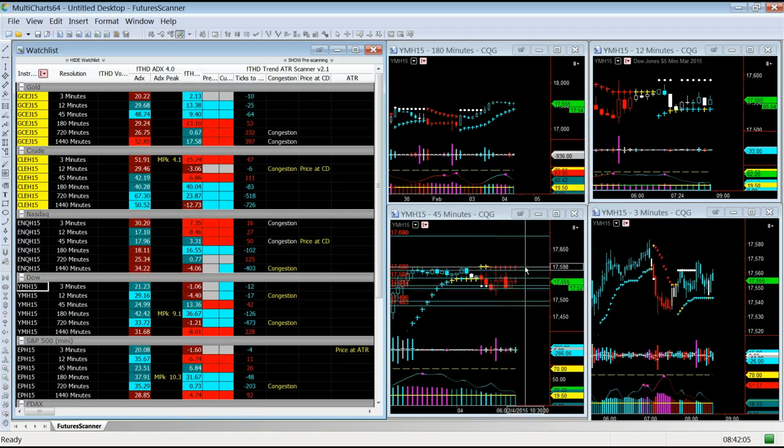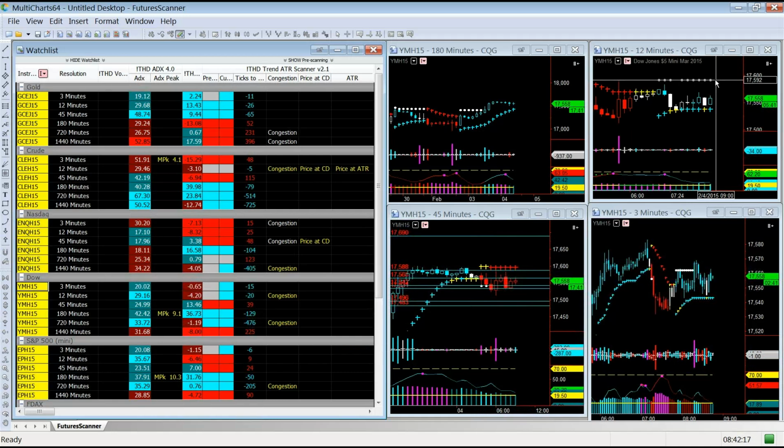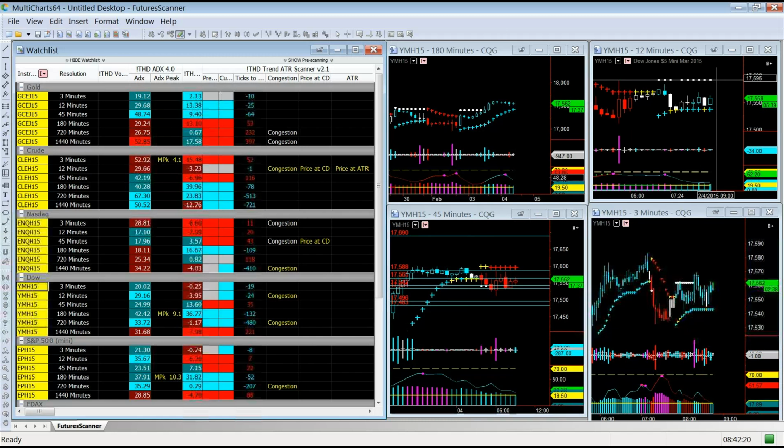Now, that ATR level is at 598, which really is coinciding with congestion dots over here on the 12 minute. So, I would be looking to see what happens as it comes back to these areas.